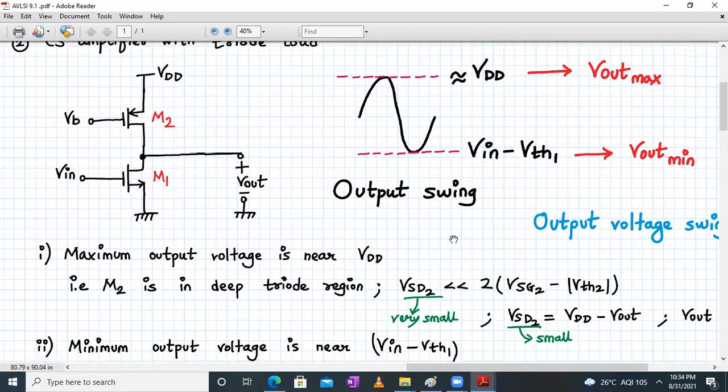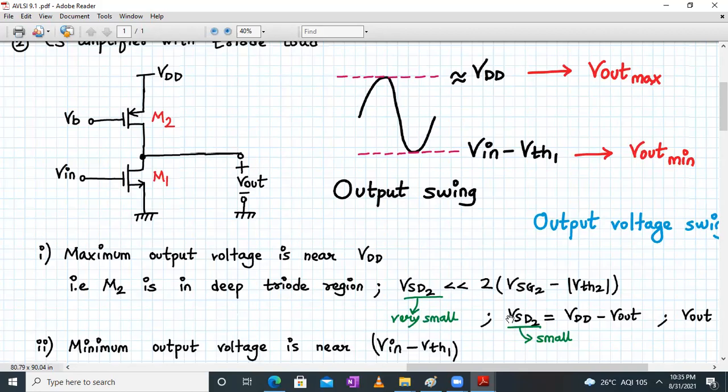Your maximum output voltage is near VDD. Let us see how. Your M2 transistor is in the deep triode region, and when it is in the deep triode region, your VSD2 value is very small. Also evident from this equation, it should be very small compared to twice VGS2 minus mod of VTH2. VSD2 is also given by VDD minus V out, because VS2 is VDD and VD2 is V out.